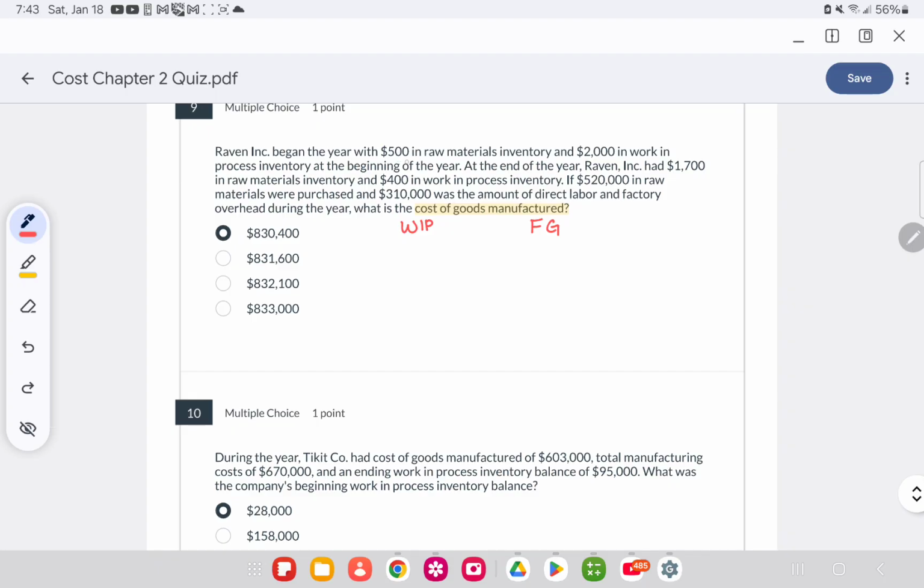Okay. So they're giving us beginning raw materials inventory. We don't even need the raw materials. I thought, let's see. 500 raw materials, 2,000 in WIP. So actually, let me start putting some info in here. Beginning. So they gave me 2,000 in WIP. And actually, let's do this. I'm going to do the whole thing from scratch. Let me see.